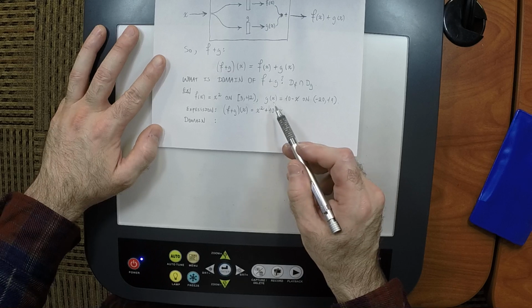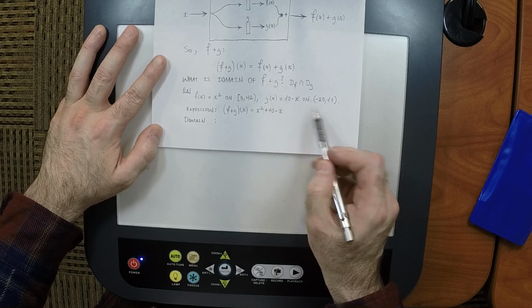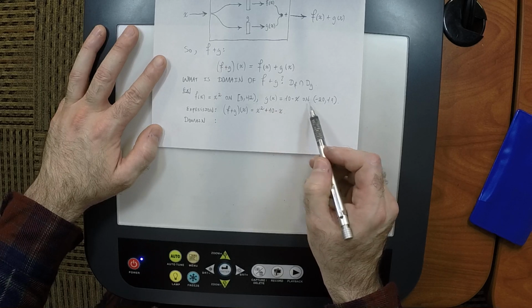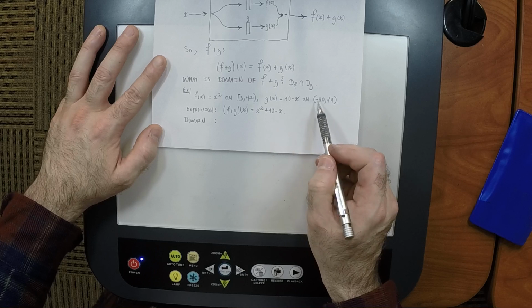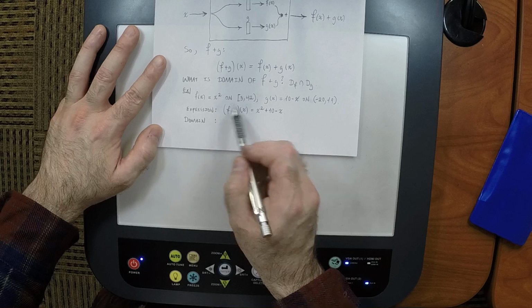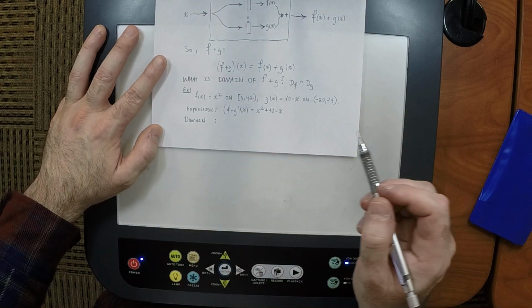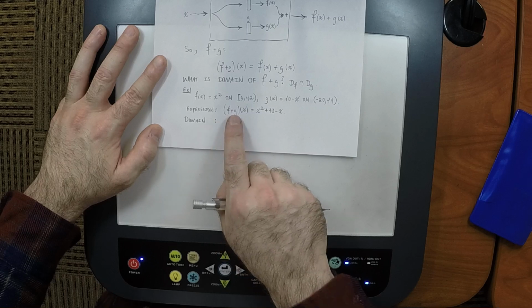Is it possible to evaluate g at 2? Is 2 part of g's domain? It is, right? So we could plug 2 into g, but we can't plug 2 into f because it's not part of f's domain. So 2 is not part of the domain of f plus g.